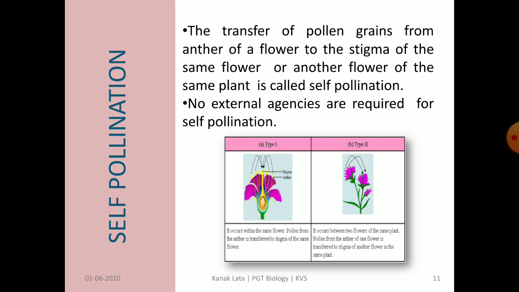In this case, flower must be bisexual, that is both male and female parts of the flowers are present in the same flower. In the figure, you may observe the two different types of self-pollination. In the first type, it occurs within the same flower, and in the second type, it occurs between two flowers of same plant.